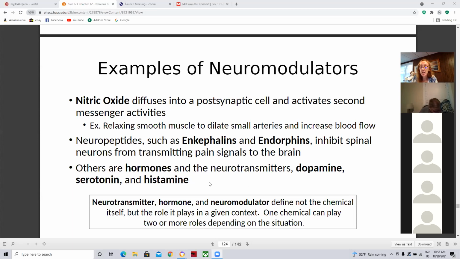Some hormones are neurotransmitters. What this means is that a neurotransmitter or hormone or neuromodulator is not going to be defined by the chemical itself. It's defined by the role that it plays in a given context. One chemical can play two or more roles depending on the situation.